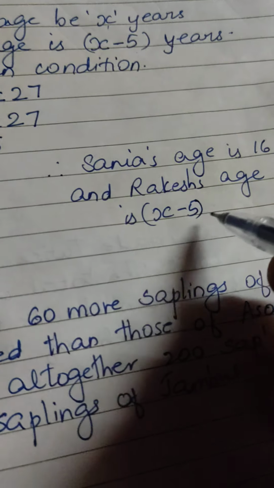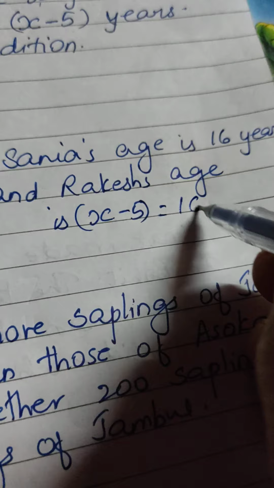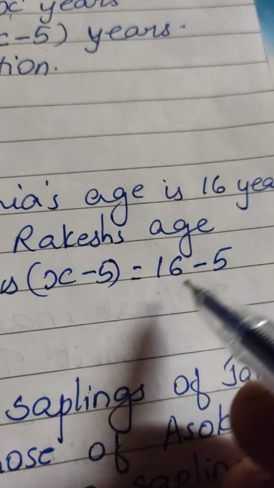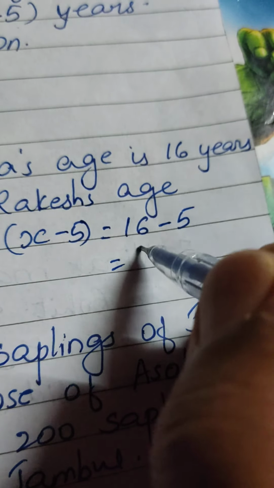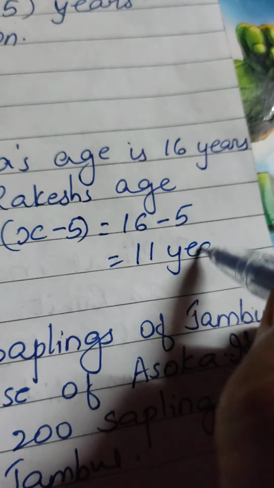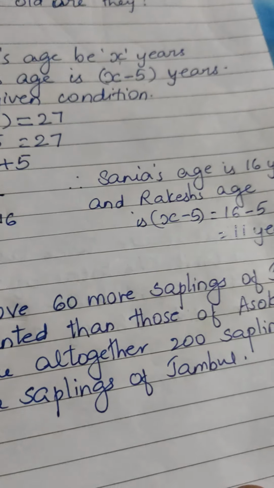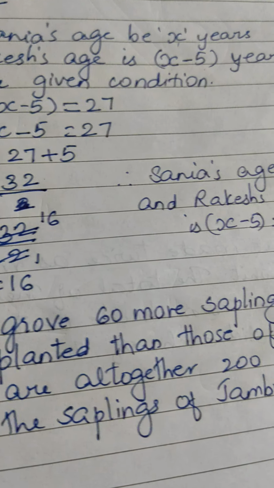Okay, that is equal to how much? 16 minus 5, because we got the value of x as 16. So 16 minus 5. So that is how much? Is equal to 11 years. So this is how we have to write the sum. I hope everyone understood.